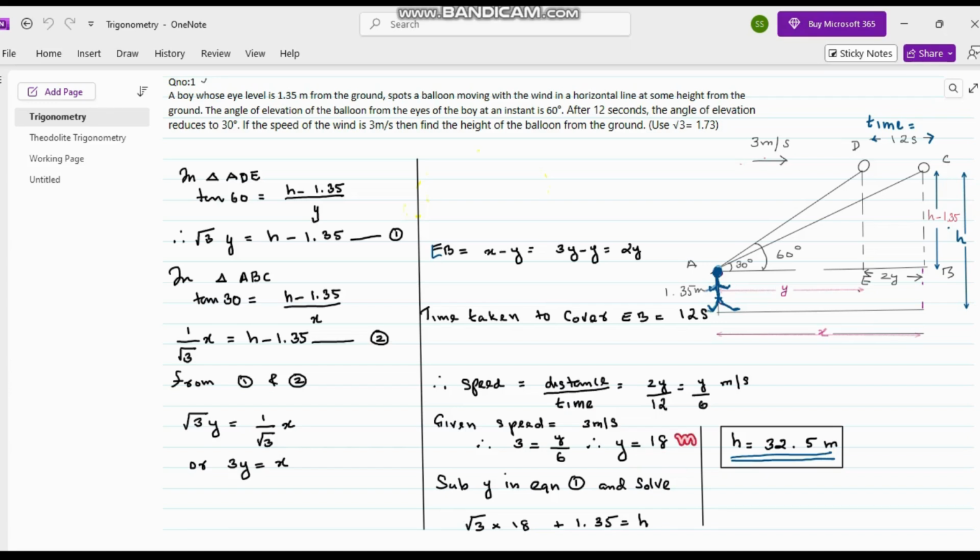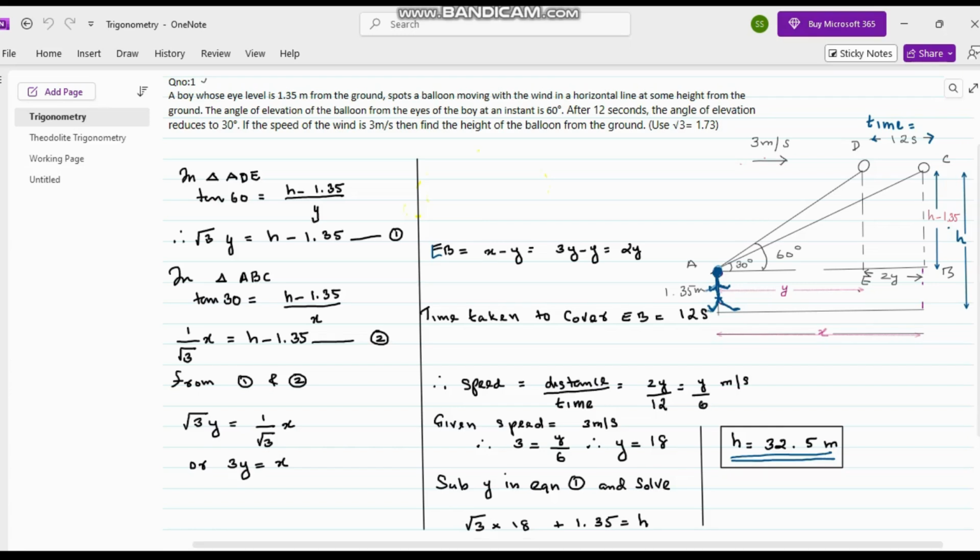So you got the value of y. We are almost near to the height h. How can we solve that? We have the relation between h and y. You can see over here, equation number 1. It's root 3 y is equal to h minus 1.35. So let's substitute y as 18.